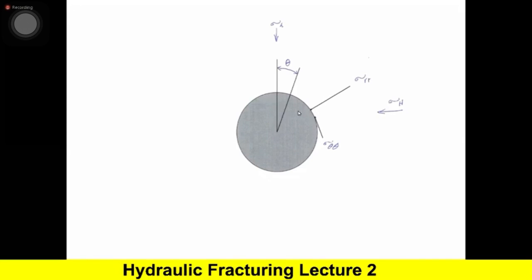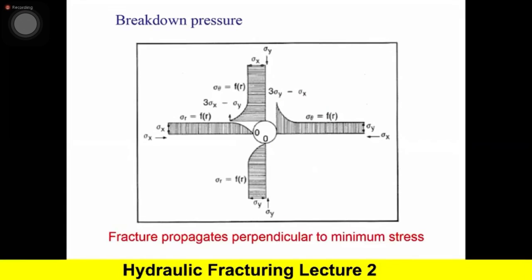So the fracture is going to break here and propagate perpendicular to the minimum stress. That is the way it should happen. I look at the breakdown pressure, and it looks something like that.